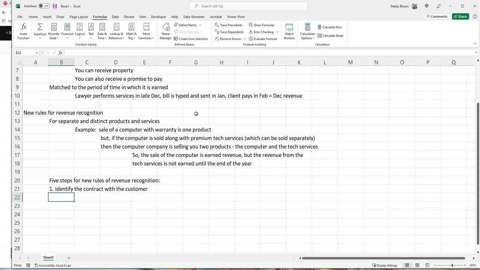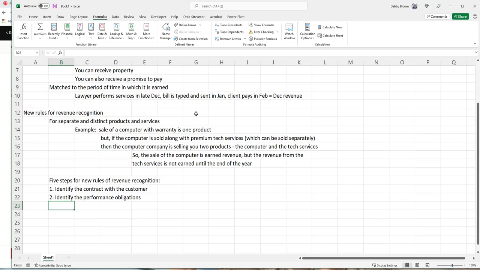Then in step 2, you have to identify all of the performance obligations. So for the computer company, am I all done once I deliver the computer? Do I have to do nothing else except provide a warranty, which just assures that it's working the way that it's supposed to work?